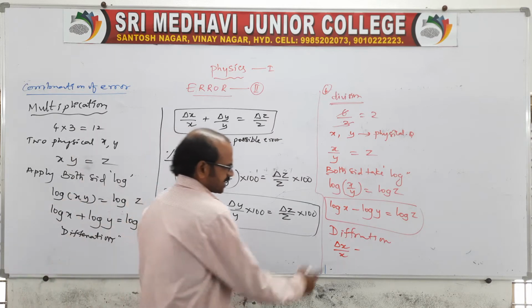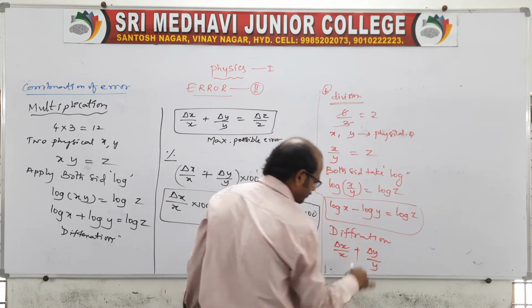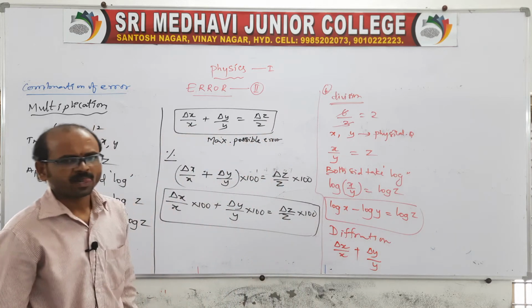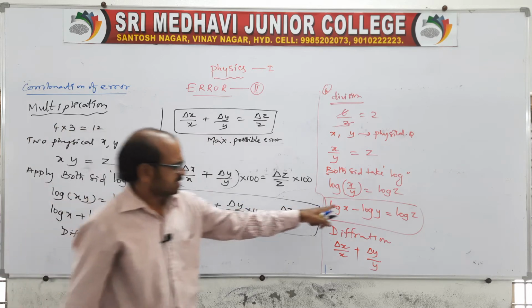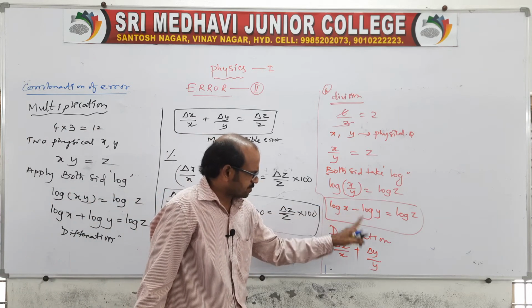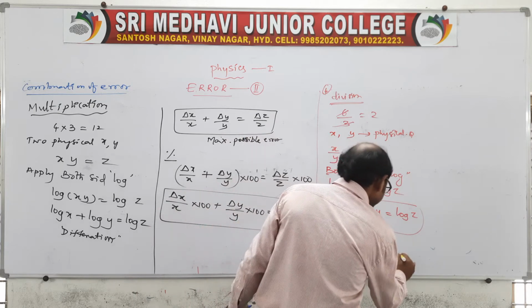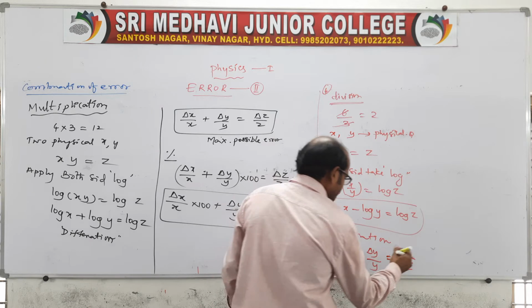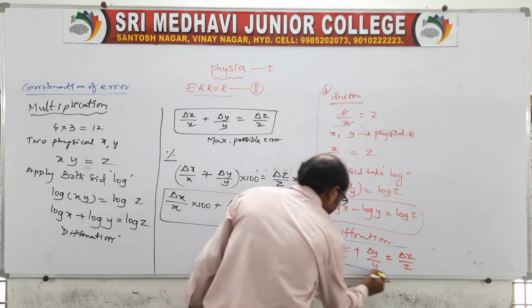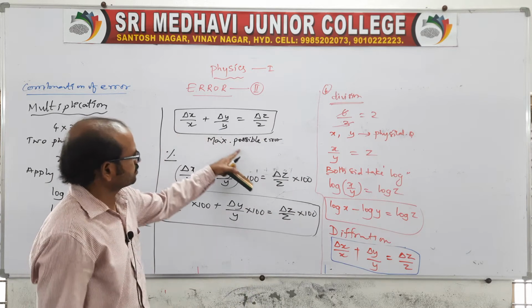But here we are getting delta y by y, no? Therefore it is always positive. Like it is the same, delta x by x plus delta y by y, because the minus in absolute error is always positive, no? That's why you take delta y by y, and it is equal to delta z by z. So this is the maximum possible error. Same, it is the maximum possible error.